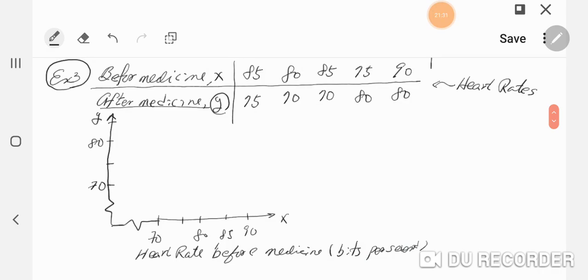The y-axis is the heart rate after medicine, also in beats per second. Okay, then let's plot the data.